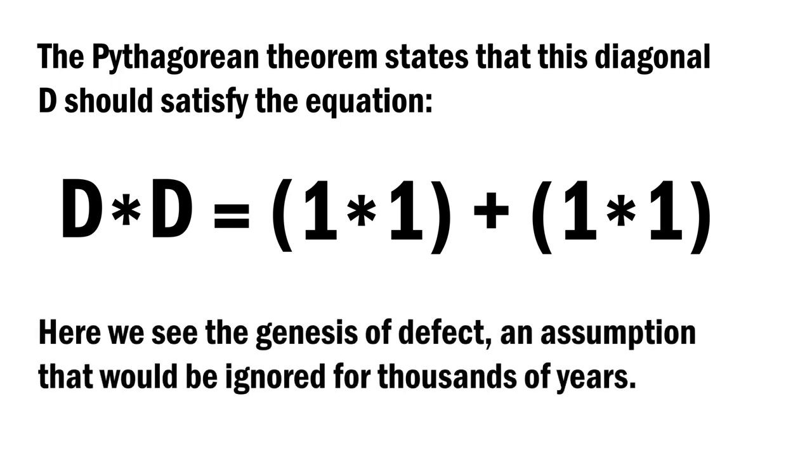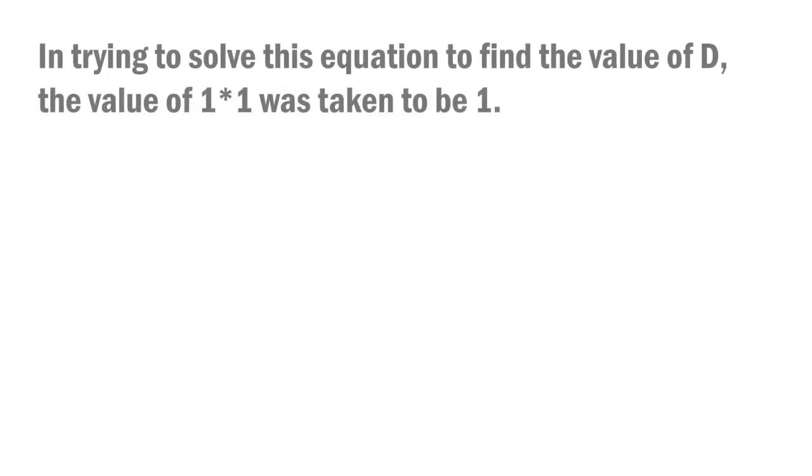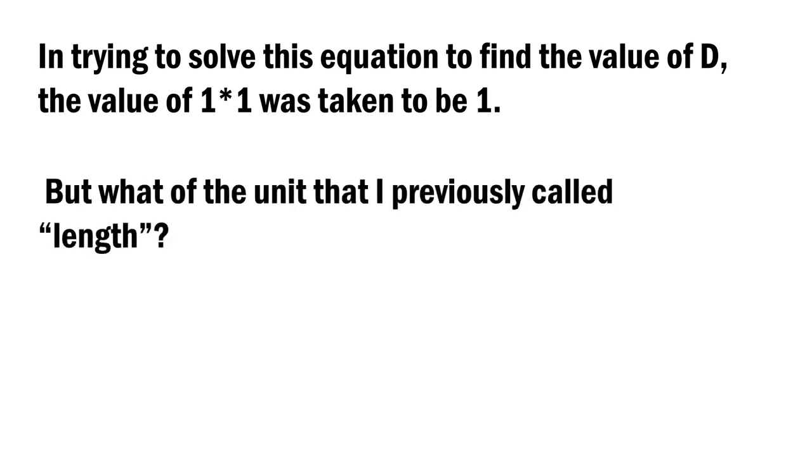Now here we see the genesis of defect, an assumption that would be ignored for thousands of years. In trying to solve this equation to find the value of D, the value of 1 times 1 was taken to be 1. But what of the unit that I previously called length?